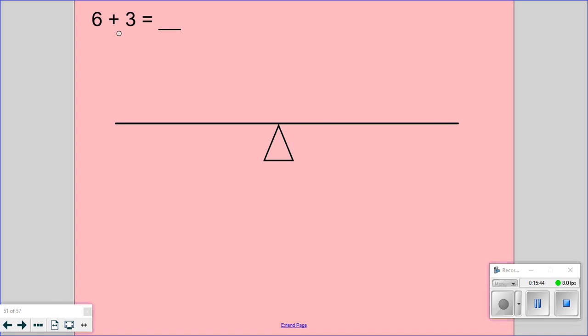Not plus. 6 and 3. What does that symbol mean? That's not a spot saver. That's an equal sign. What does that equal sign mean?